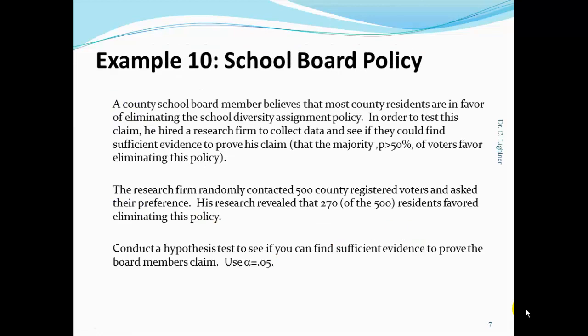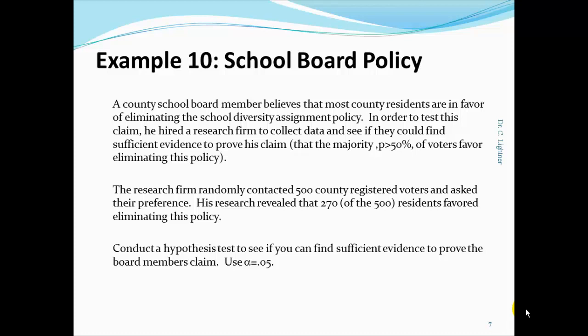Example 10. A county school board member believes that most county residents are in favor of eliminating the school diversity assignment policy. In order to test this claim, he hired a research firm to collect data and see if they could find sufficient evidence to prove his claim that the majority, or P is greater than 50%, of voters favor eliminating this policy.